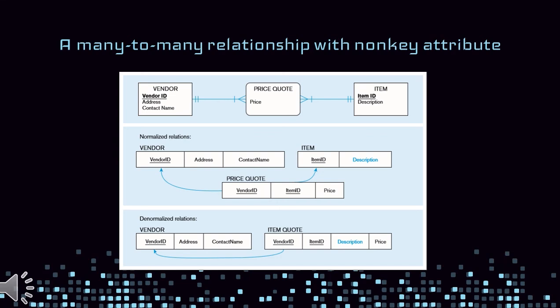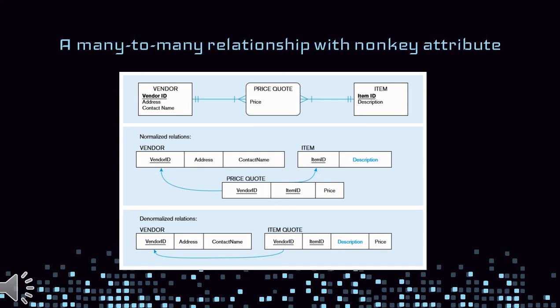In this case, fields from the item and price quote relations might be combined into one record to avoid having to join all 3 tables together. But this may create considerable duplication of data. In the example, the item fields, such as description, would repeat for each price quote.